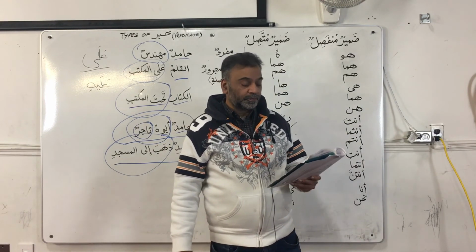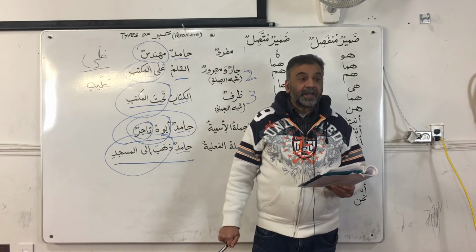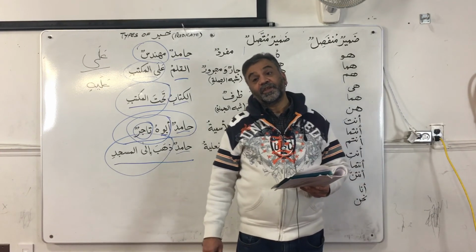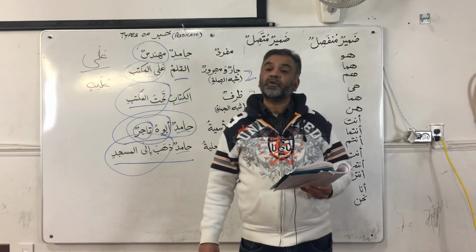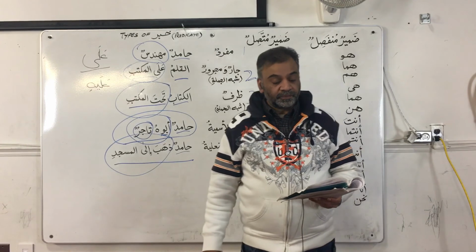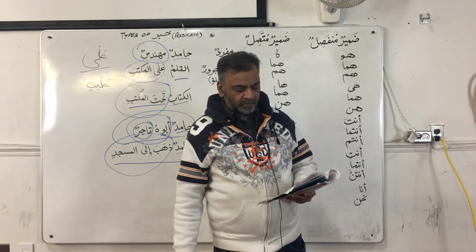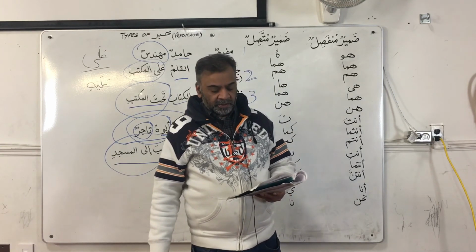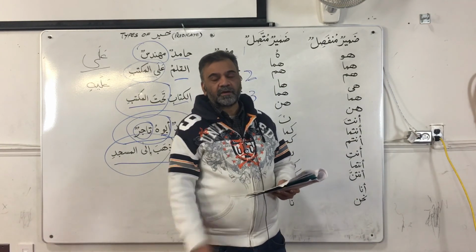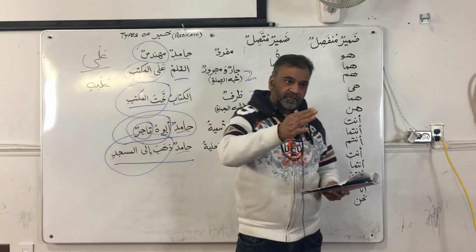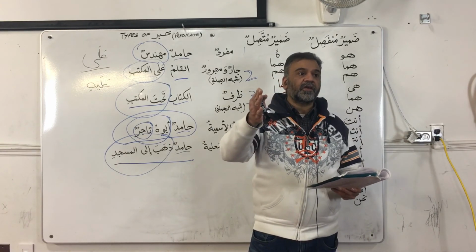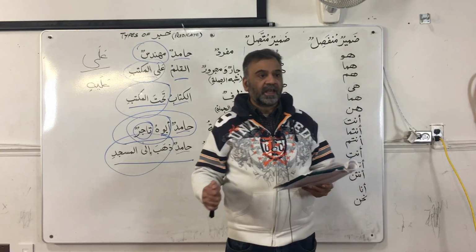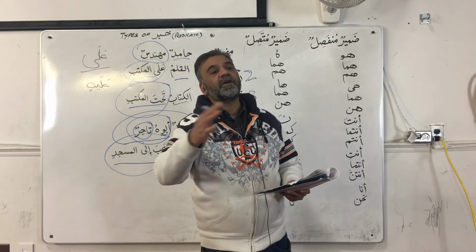Al kalimatul jadidatu, new words. Az zamilu. What is the meaning of zamilu? Class fellow or colleague. Az zawju, spouse. Spouse is a better word. It could be a female spouse. Female is zawjatun. Zawj is basically used for husband.